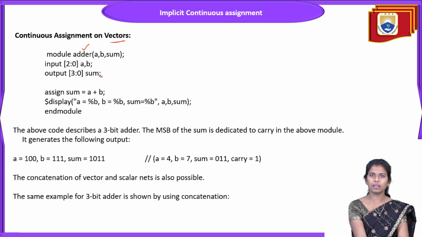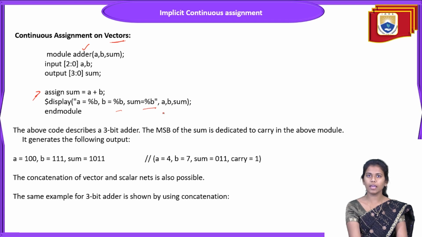So sum I can observe is 4 bits and input is [2:0] A and B. And now coming to the fourth line, assign. Assign is a keyword. I am assigning A plus B as sum, right? And then I am displaying A equals %b, B equals %b and sum. So I am summing A and B together.